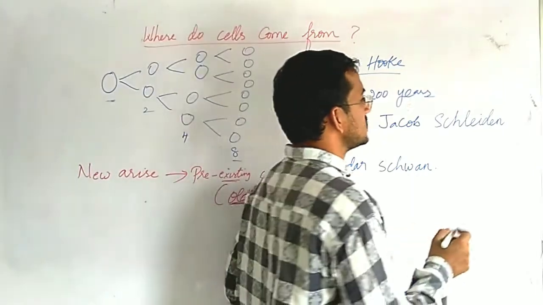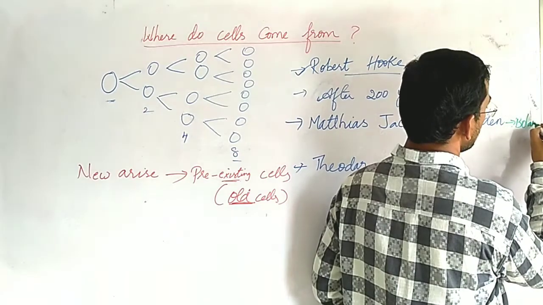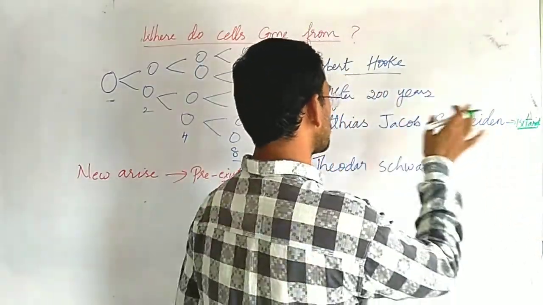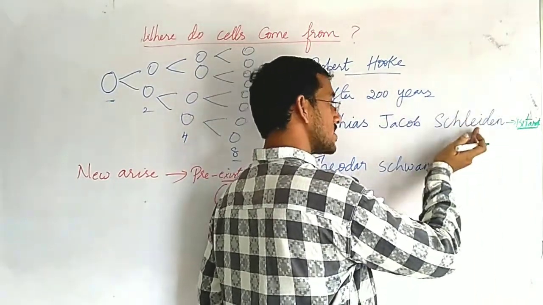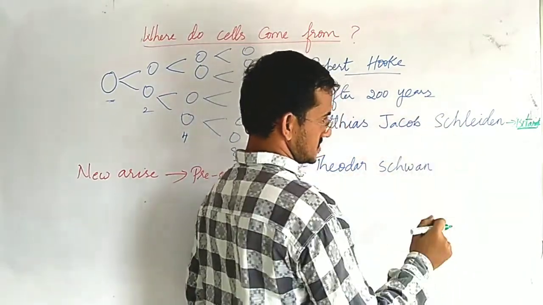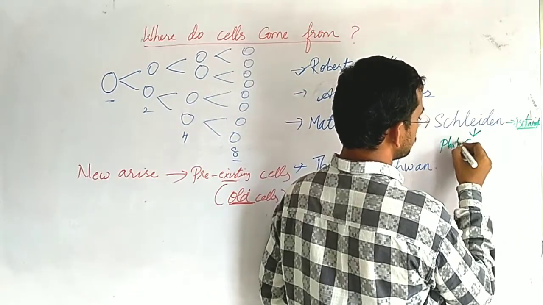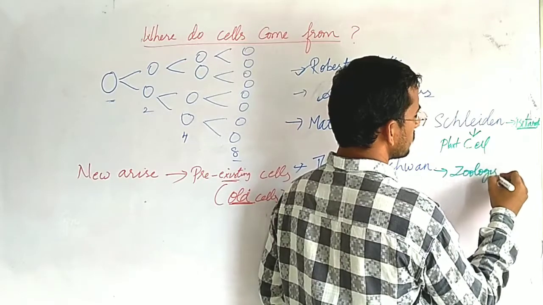So Schleiden is actually a botanist. Botanist means a student of plants. He studied botany, that is, he studied plants. So he studied plant cells. Next, Schwann is a zoologist. What do you mean by zoologist?